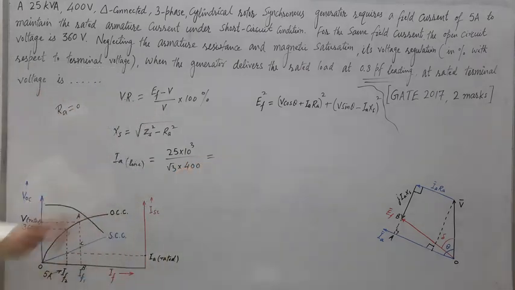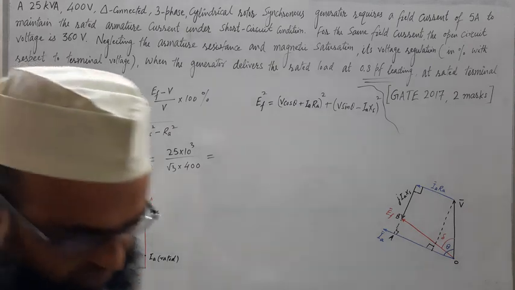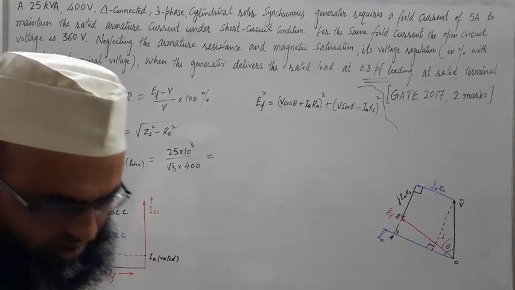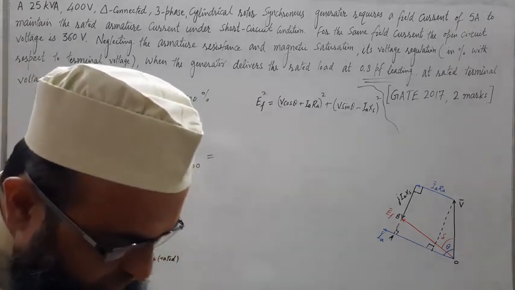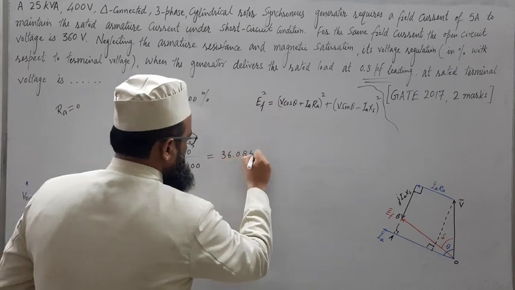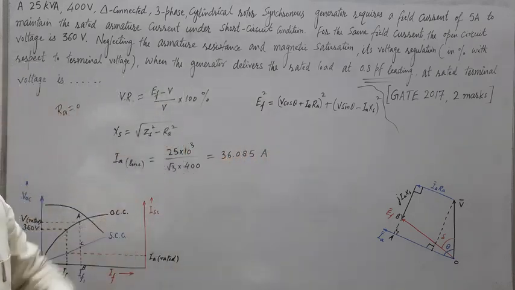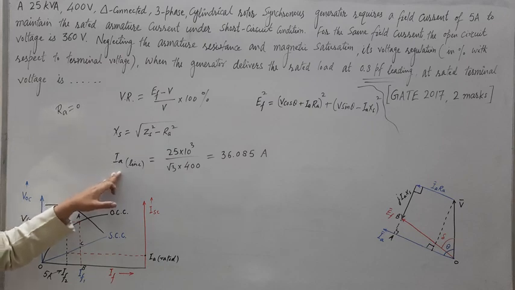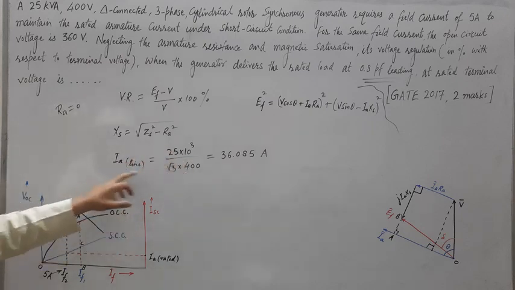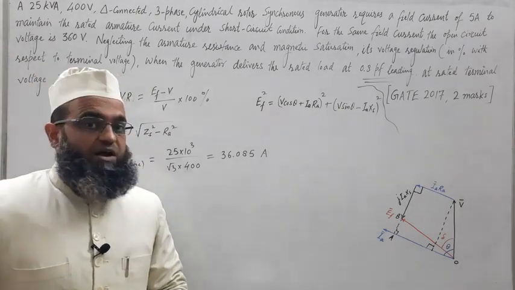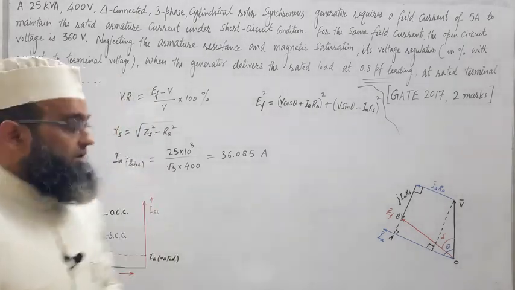Whatever current you have obtained, just calculate yourself. In my calculation it is coming out to be 36.085 ampere. Check it yourself. But this is line current. From the rating of the machine we have rated line current, right? But in delta, line current and phase currents are not the same. In a star these two currents are the same, but in delta take care of that.